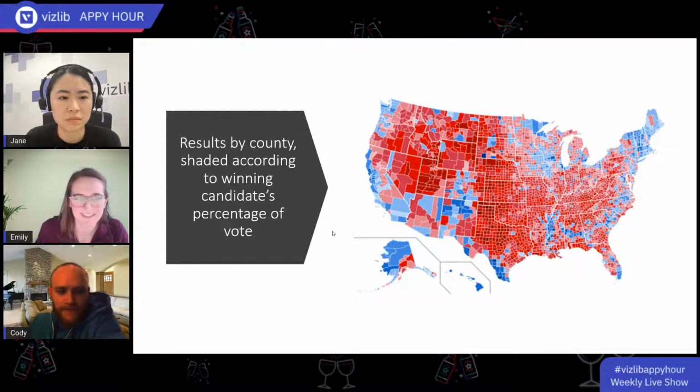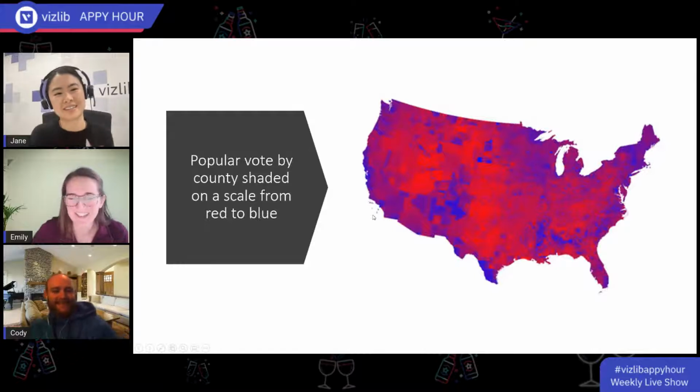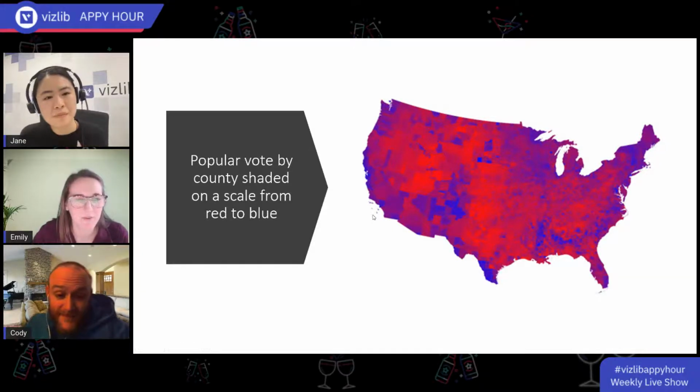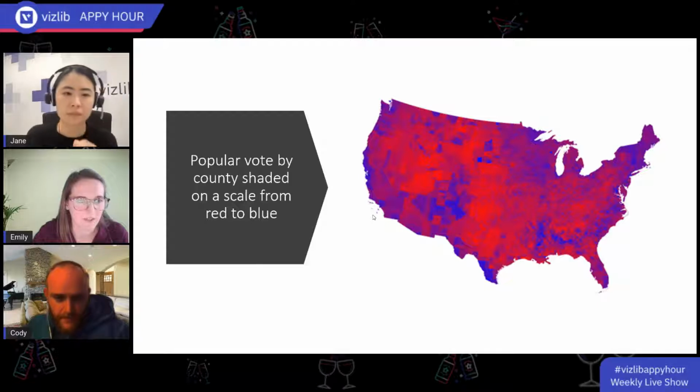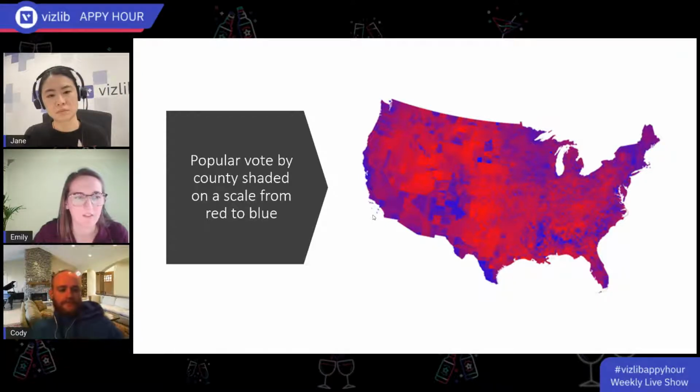So let me go on to the next one. We'll figure out who won at the end. So this one is popular vote by county, and it's shaded on a scale from red to blue. So it's still looking at the popular vote, just the number of votes that an individual candidate received. Jane, why don't you take this one?